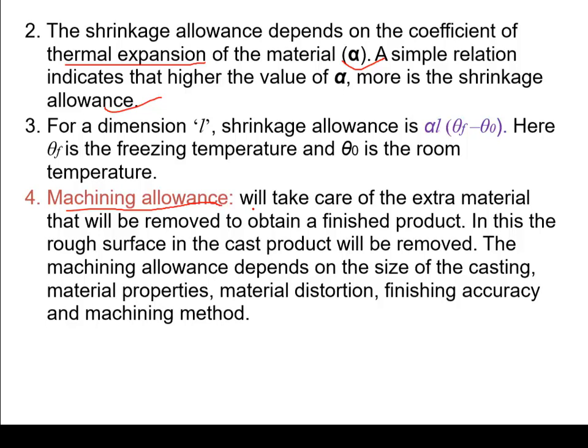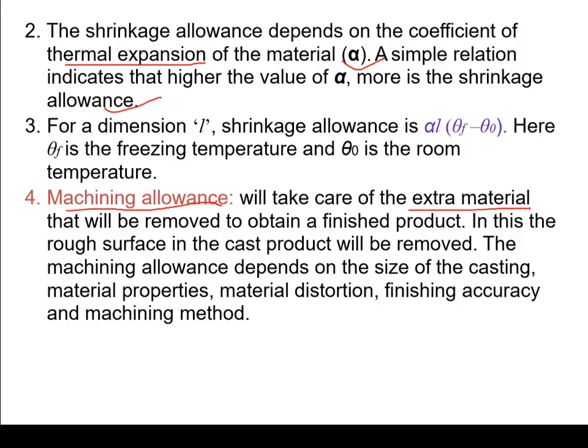So extra material is required to gain the exact size of the product to be made. Because of the machining operation the size will decrease, but we need the exact size of the product, so we need extra material.